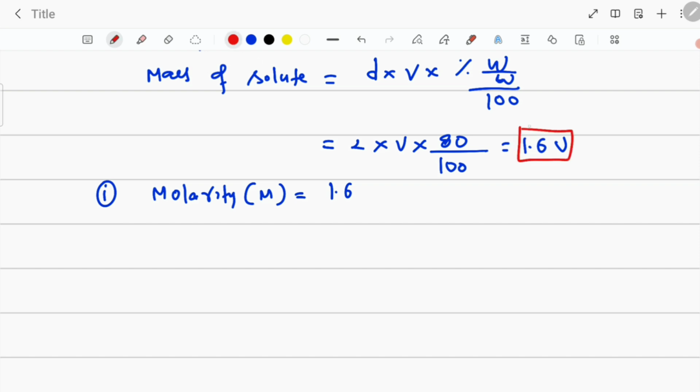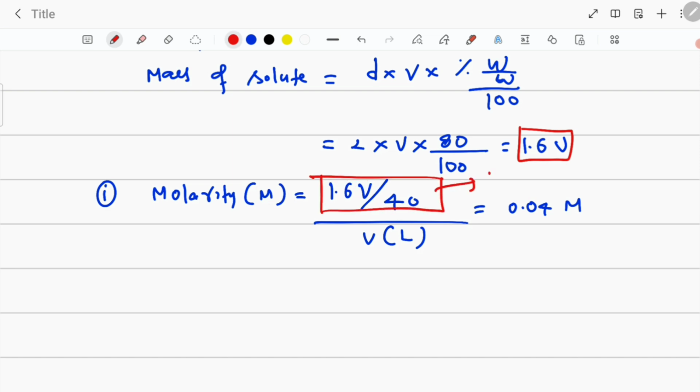Weight of solute is 1.6 V. So 1.6 V by 40, that is the molar mass of NaOH, by volume of solution in liters. Let it be V, as we already assumed. The answer is 0.04 M, capital M, molarity. Whatever we wrote, 1.6 V by 40, that is the number of moles of solute, remember.